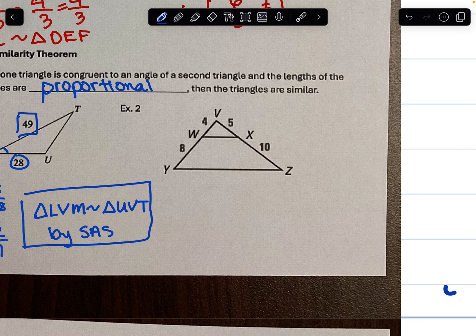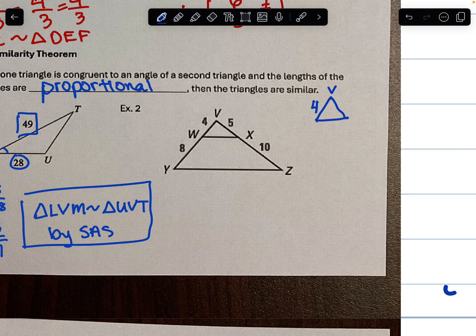Now, on this second one, is there an angle that these two have in common? Yeah. What angle? V, right? So that we're not even going to worry about because we know it's the same. What I truthfully would do is I would draw out two triangles and kind of label those sides. So for my small triangle, what's that left side going to be? 4.